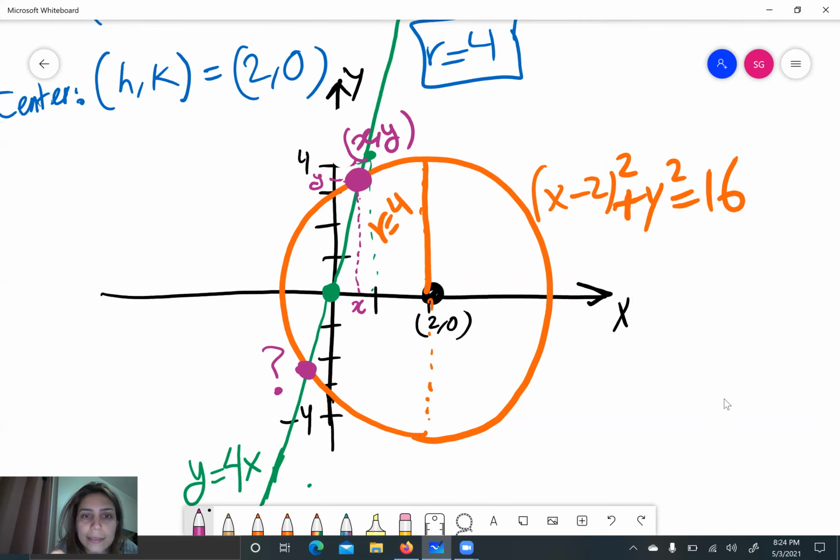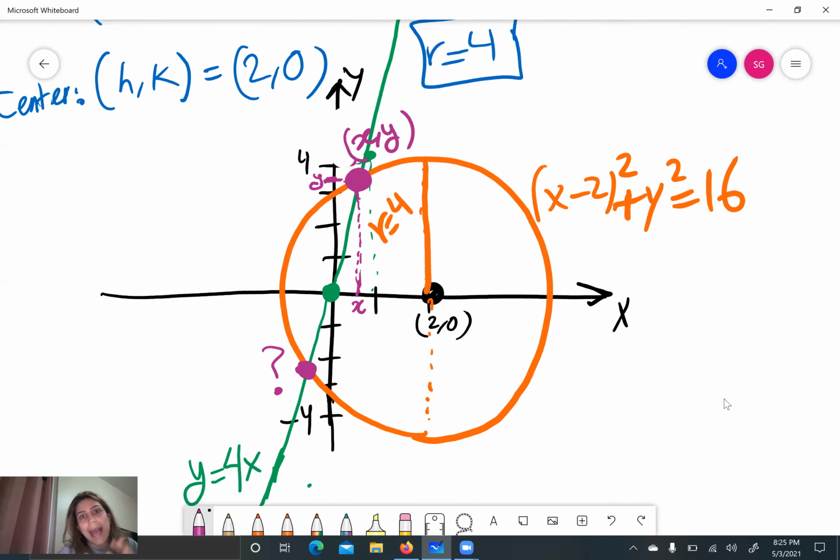Or in other words, how can I say? There is some x value and y value, a unique x value and y value for this point. Do you see that the y value, the height of this point, is the same for the circle and the line?